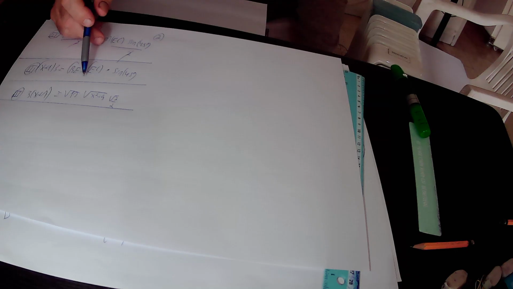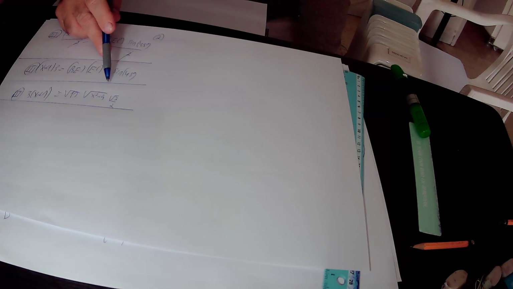So, square root of 2 times square root of 10 times square root of 2 equals the square root of 10 times 2, that is 20.